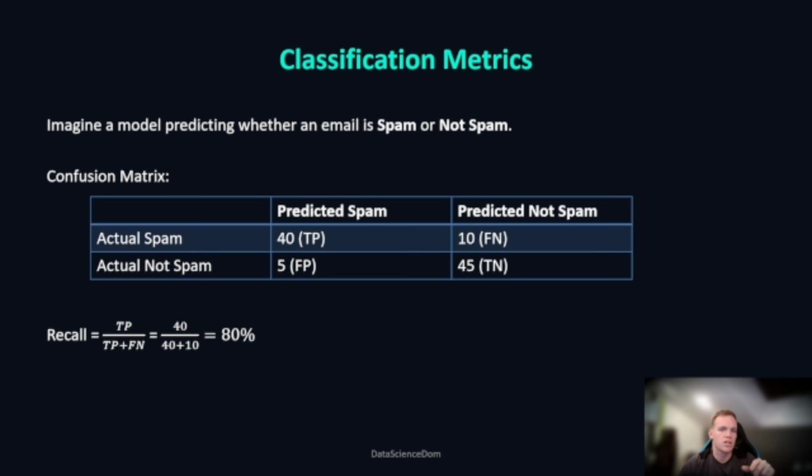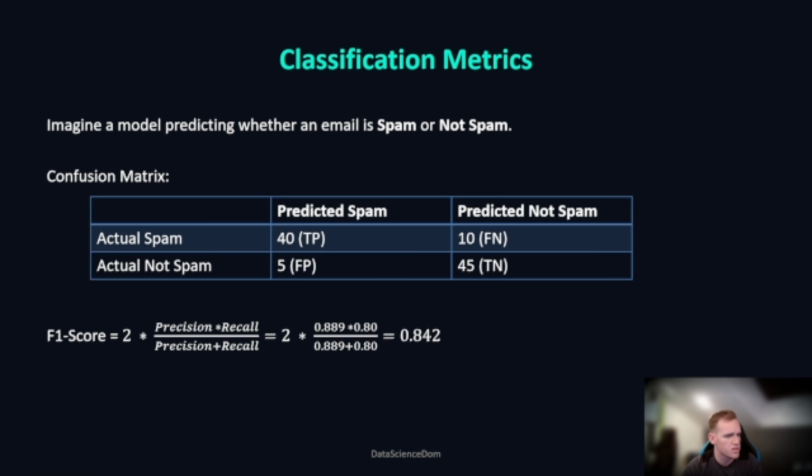So this is the calculation based on the ground truth, and not like the precision beforehand, where we compare the correct positive predictions with all the positive predictions of the algorithm. So the recall is more based on the ground truth of the values. In this case, we divide the 40 correctly predicted spam by the 40 plus 10, which are all the positive values which are actually spam. And 40 divided by 50 is 80%.